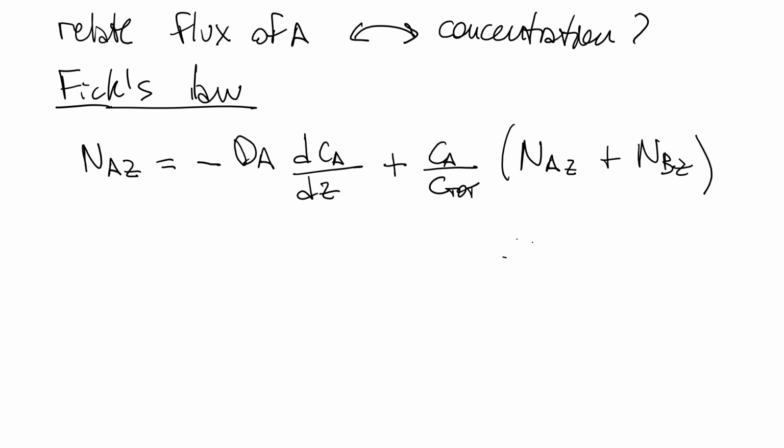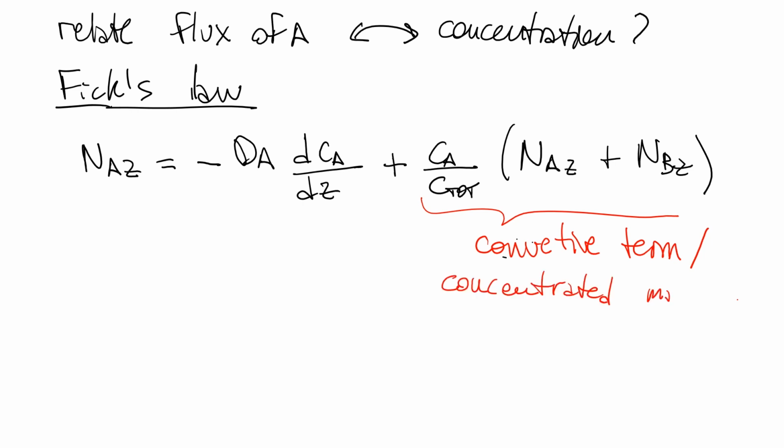So essentially, this term here on the right is our kind of convective term, or another way to call it would be our concentrated mass transfer term, while our term here is our diffusive term.